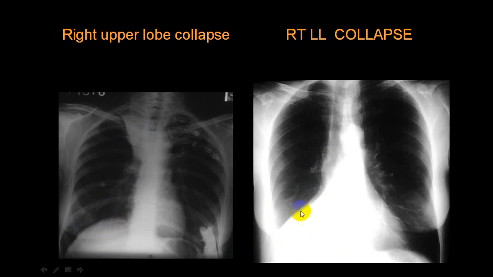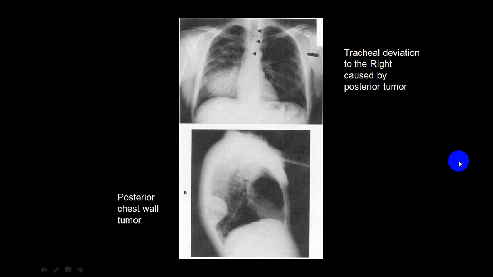But here, in a lower lobe, because the lung will form a silhouette along with the diaphragm and right border of the heart, and also the angle, you will not be able to identify the costophrenic angle, right border of the heart, diaphragm because of the right lower lobe collapse, or if it is on the left side, left lower lobe collapse.